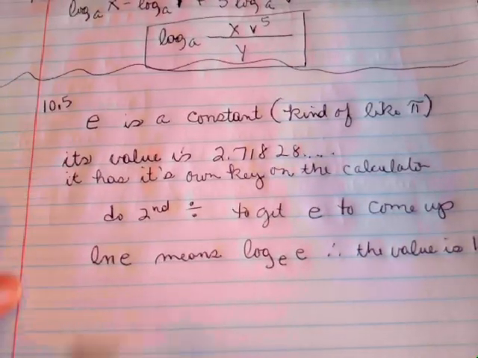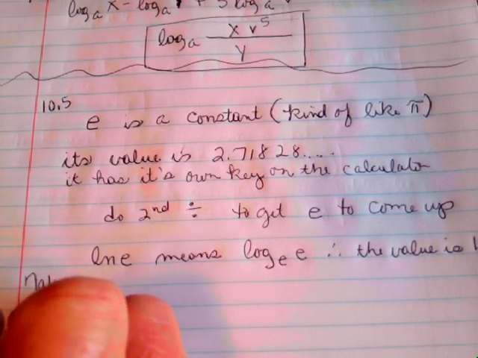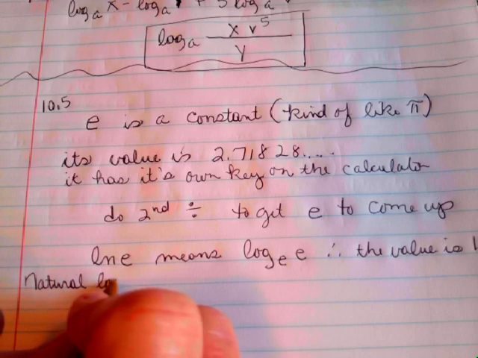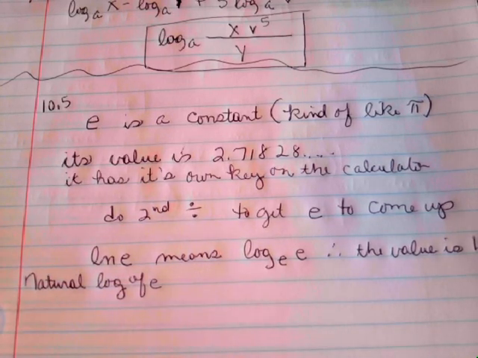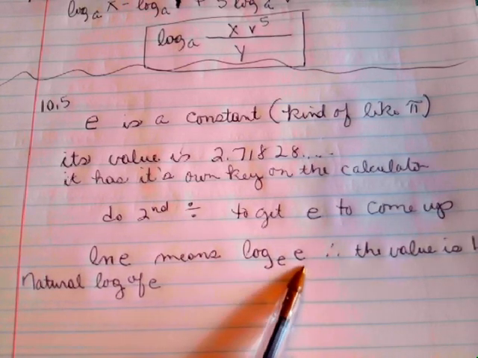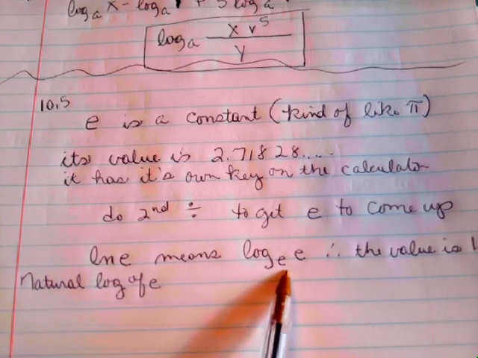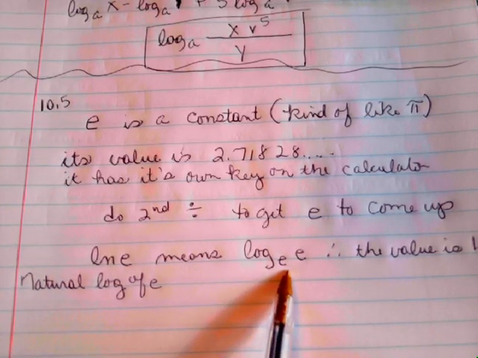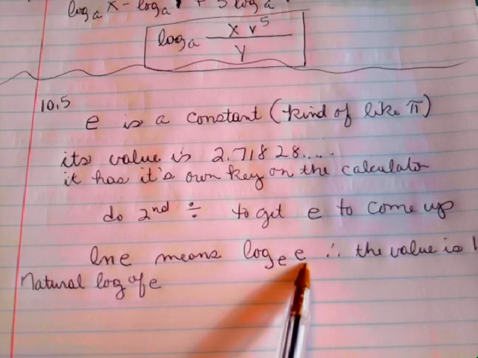LNE is read natural log of E, and it means log base E of E. If you had log base E of E, that would be saying, what exponent do I raise E to get E?